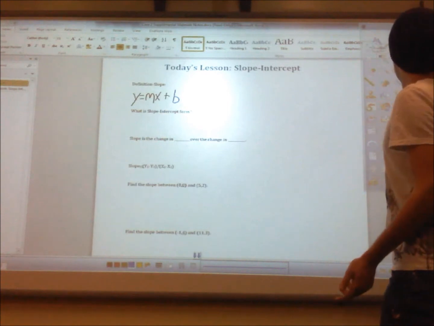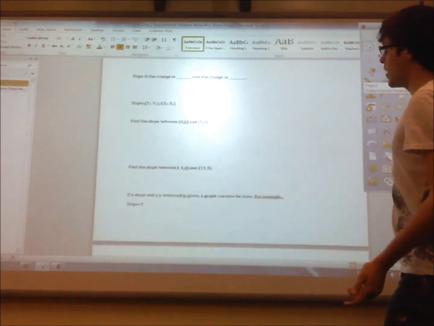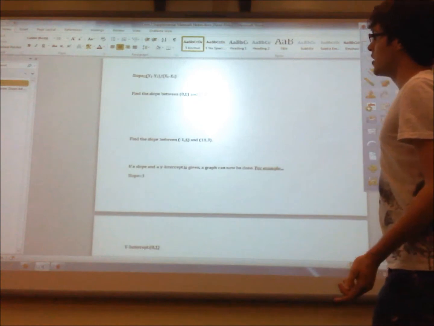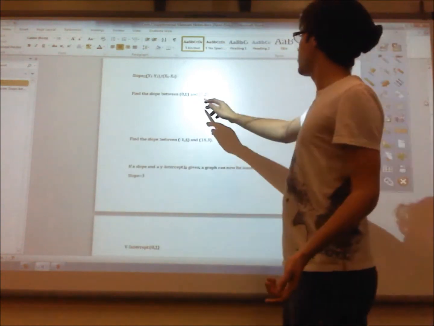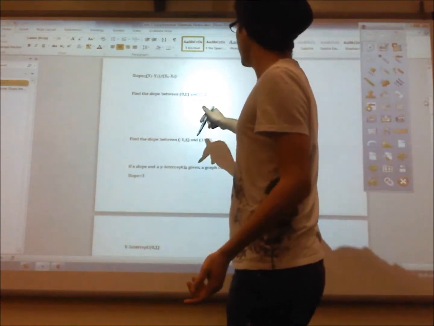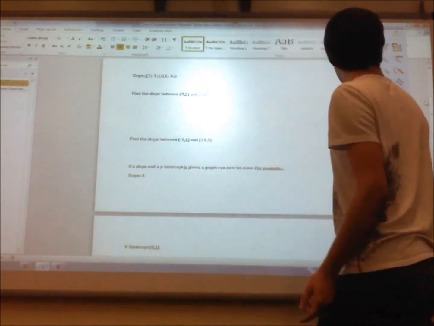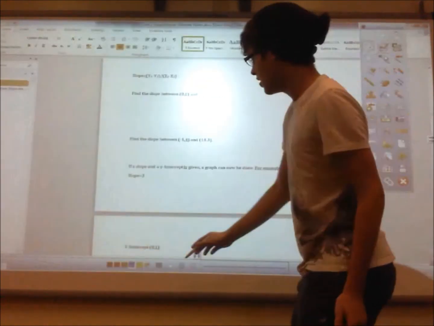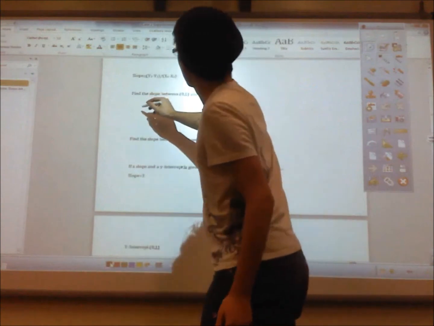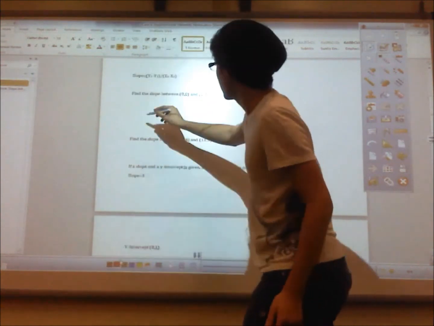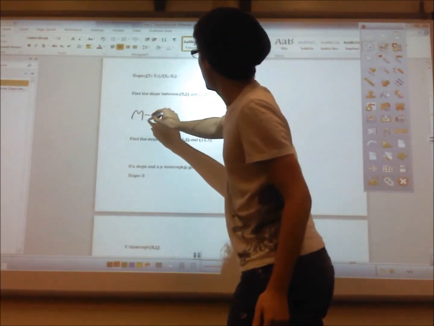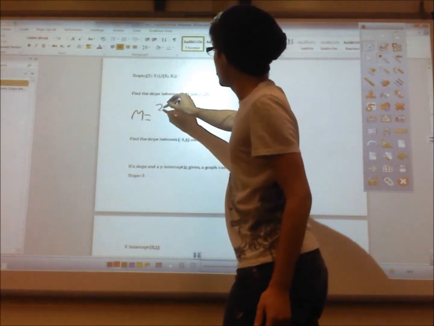So in doing that, if we find the slope between (0, 0) and (5, 2), let's get a pen tool again. Let's make it red first, actually. Find the slope. As we already did this, we found out m equals 2/5.